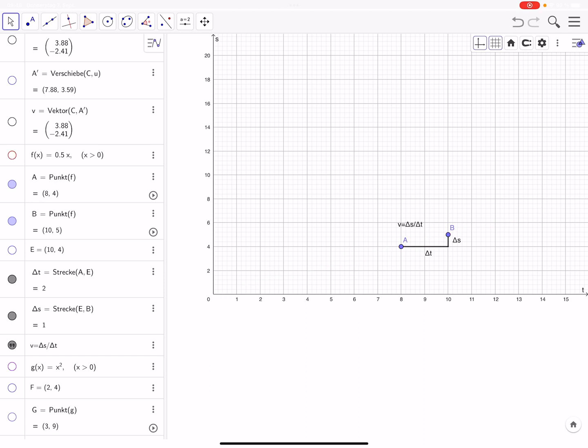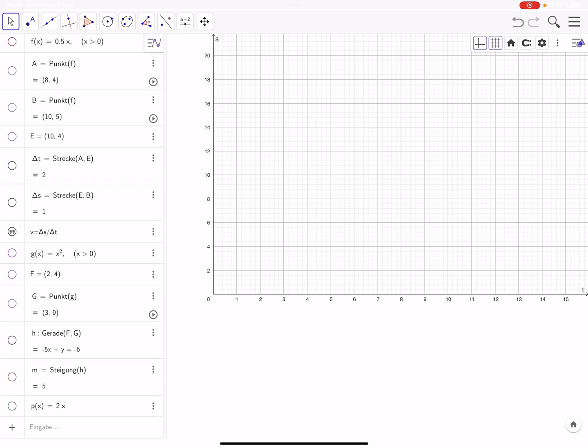But that's exactly the point where we learn something new, because we have already been looking at movements that change their speed or their velocity.